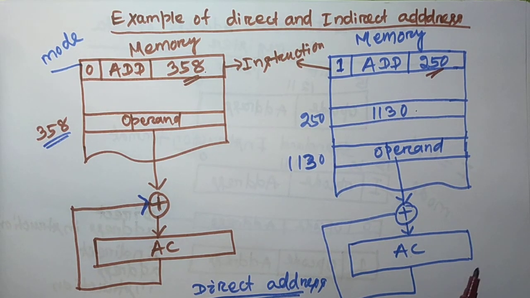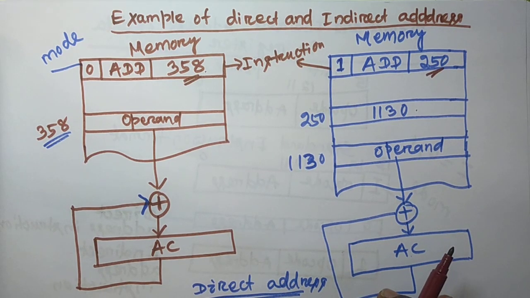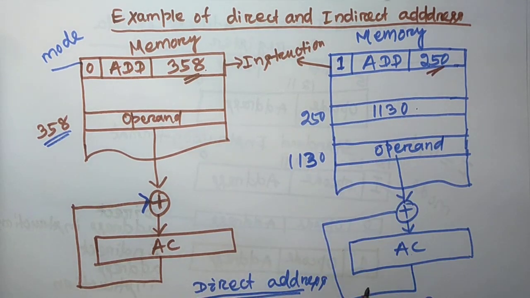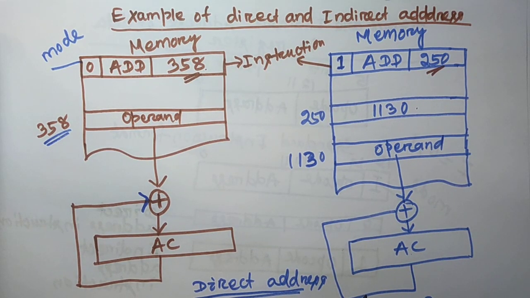Where is the operand? If we search through address to address a number of times, then we can tell it is an indirect address. This is the basic concept to define indirect or direct address. So this is the best example to define direct and indirect address.